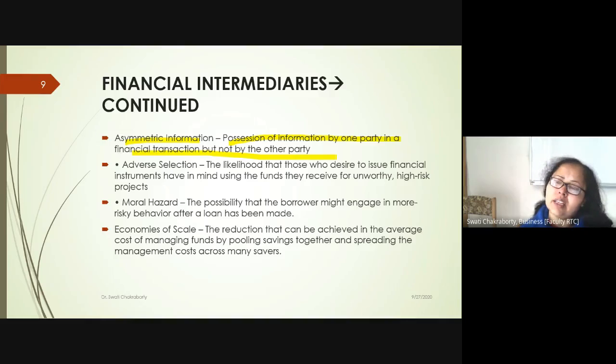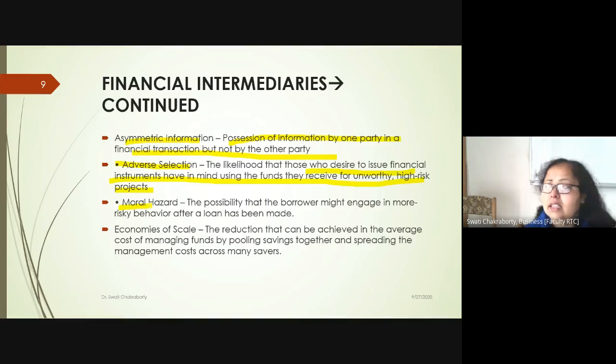One of them has the information, the other doesn't. That's why it's asymmetric. Adverse selection is the possibility that those who wish to issue financial instruments have it in mind to use the funds they receive for unworthy high-risk projects. That's adverse selection.